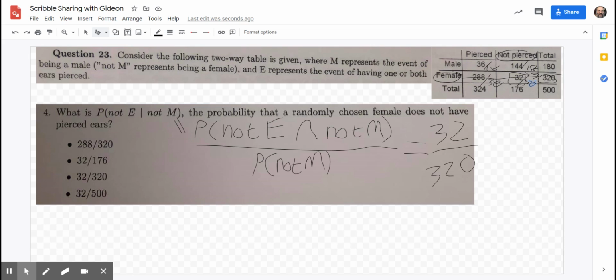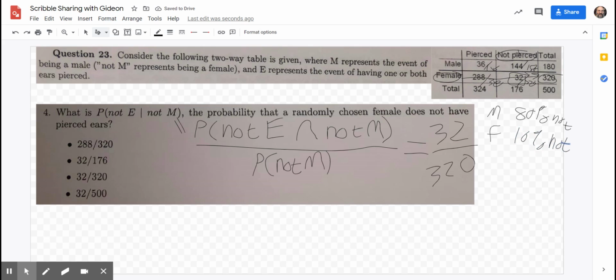The males, given a male, the not pierced is 80%. And given female, it's 10%, in this particular group of students.